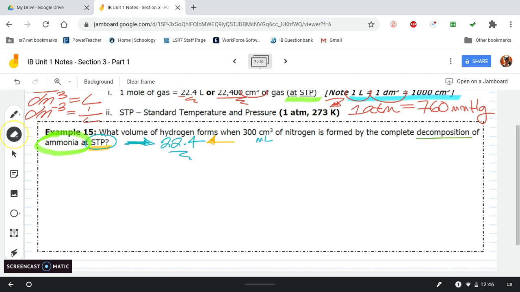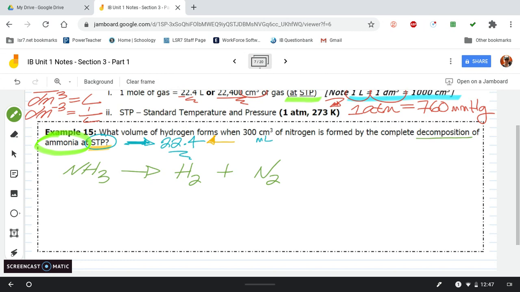So hopefully you remember from last year how that works. Decomposition means it's going to break down, so NH3 is going to break down into those two items, hydrogen and nitrogen, and those are diatomic because they are in the Brinclhof.